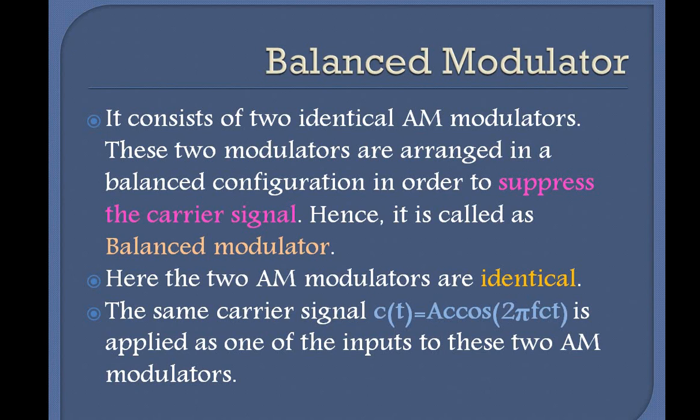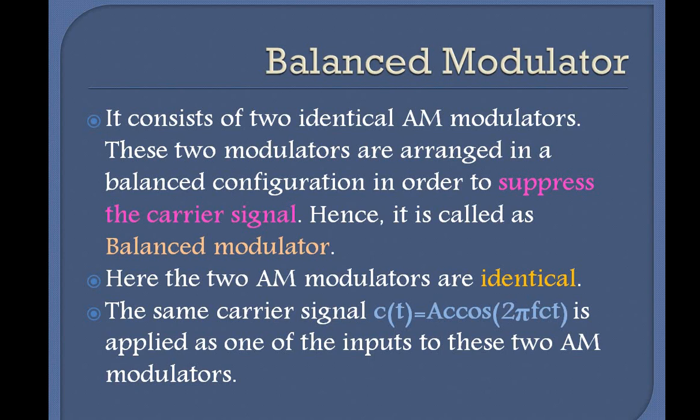For generating the DSB-SC signal, we use two amplitude modulators which are balanced, meaning they have similar configurations. That's the reason we call it a balanced modulator. These two modulators are arranged in a balanced configuration in order to suppress the carrier signal. Hence this is called the balanced modulator.